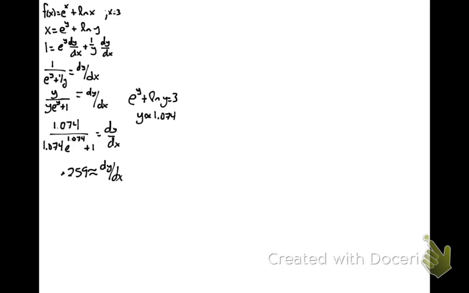Let's do one more example. Here we'd like just to find the derivative of the inverse of y equals e to the x squared. So the inverse function would be x equals e to the y squared. If we could solve this for y, that'd be great.